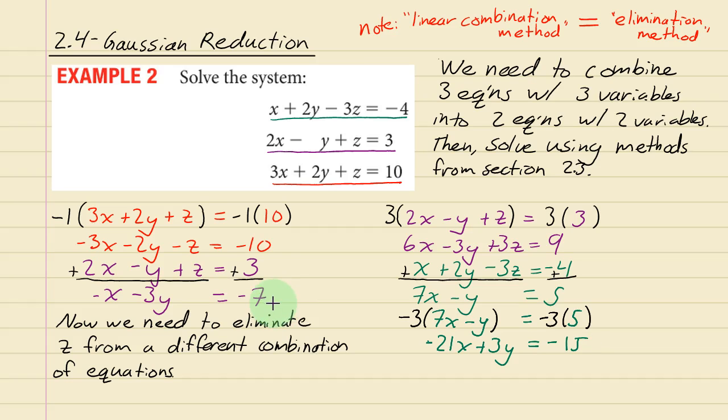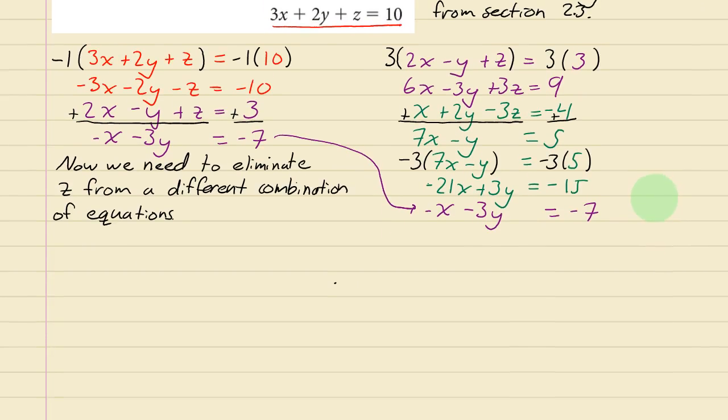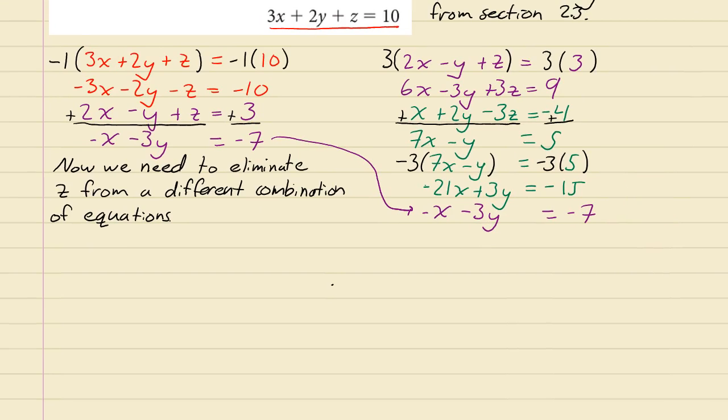Then you can add both sides of that equation to both sides of the other equation that we had here to cancel out the y's and get an equation with just x in it.